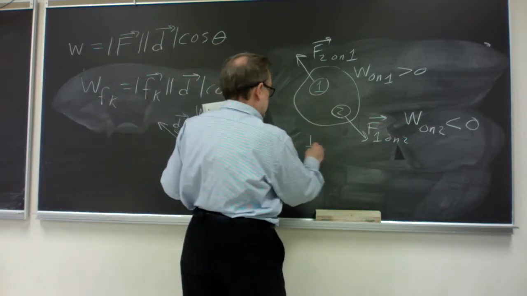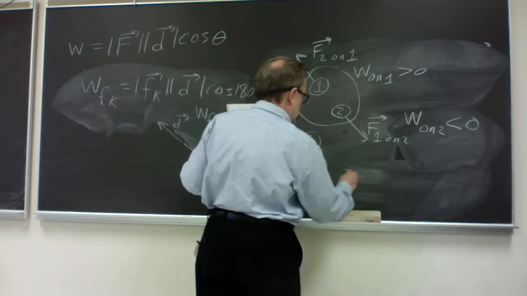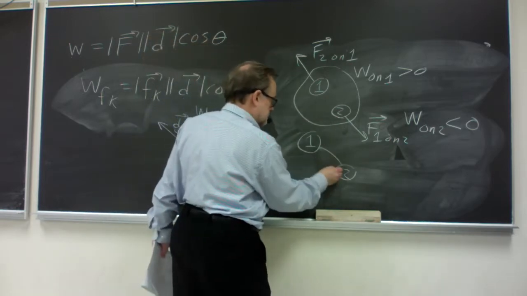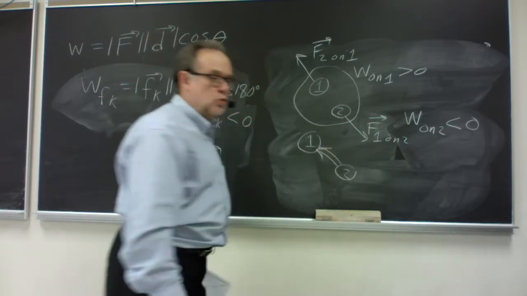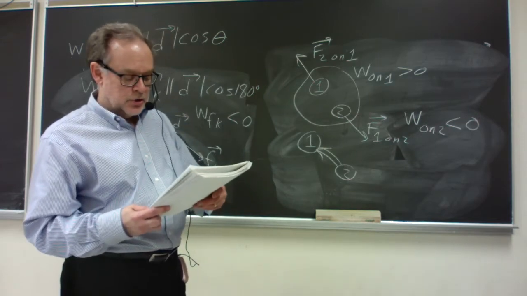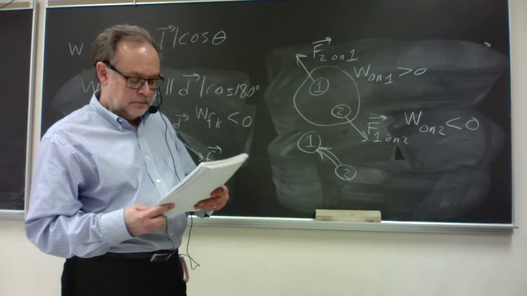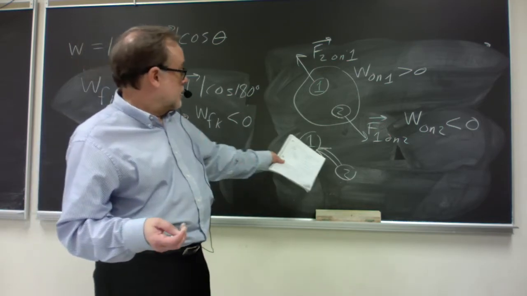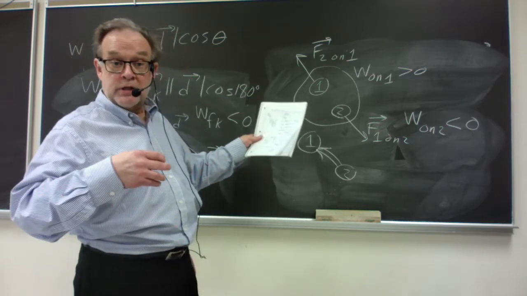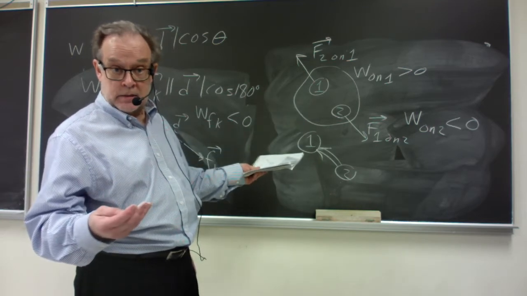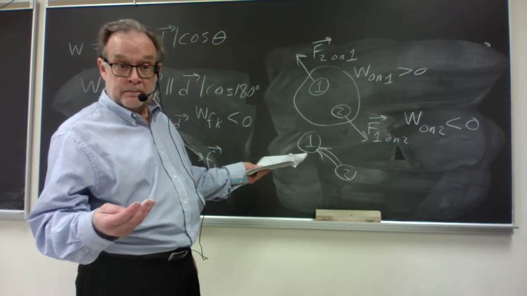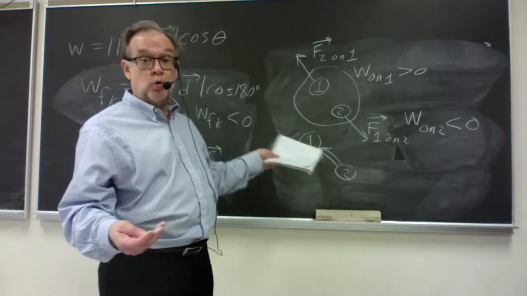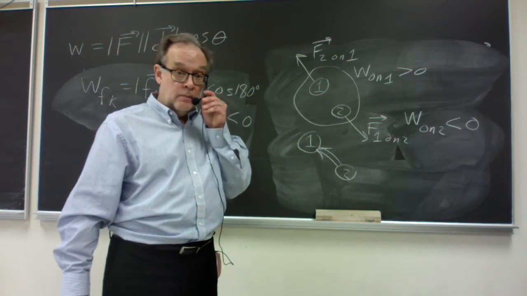In other words, in this case, energy got moved around within the system, moved from thing two to thing one, but that energy was moved around entirely inside the system, so that flow of energy didn't change the total energy of the system at all.